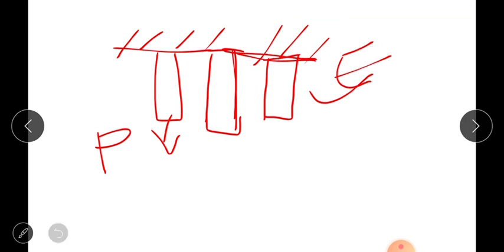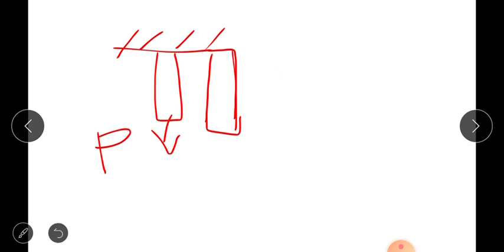Beyond point B, we are applying some excess force P. Because of that, some deformation will occur.